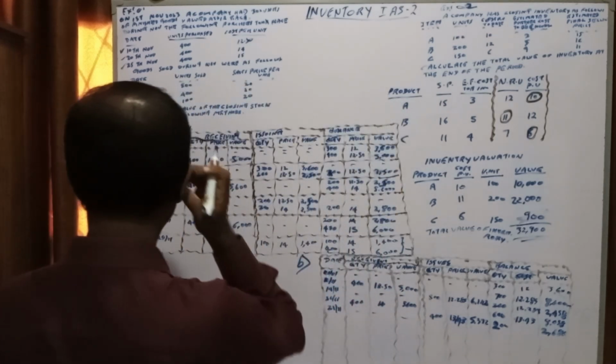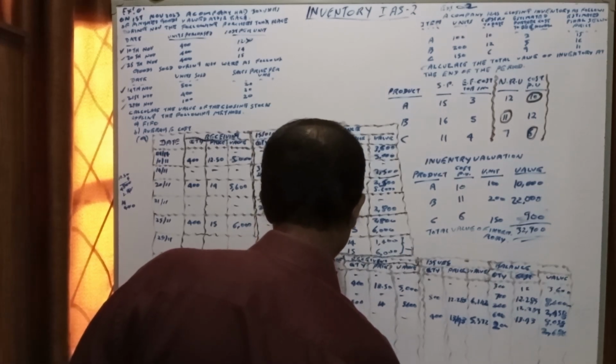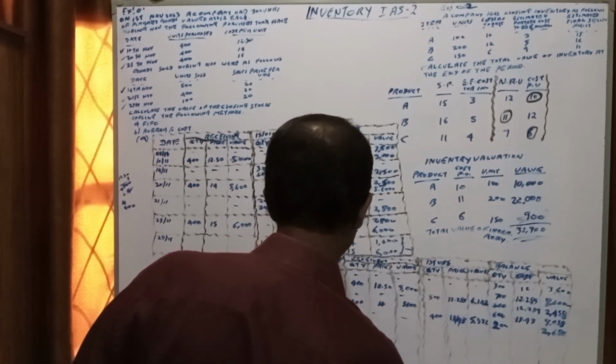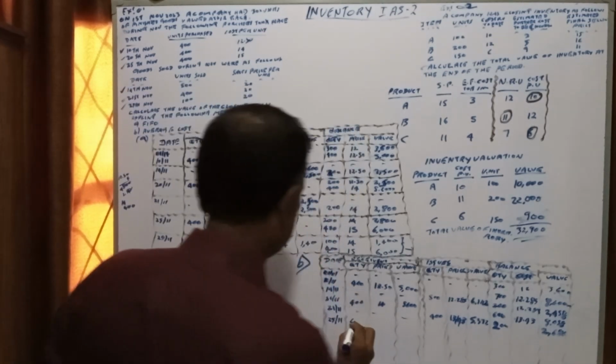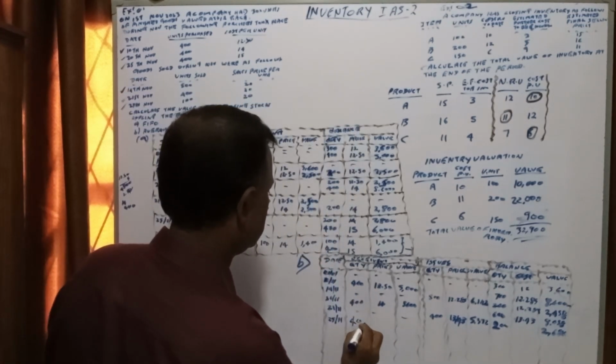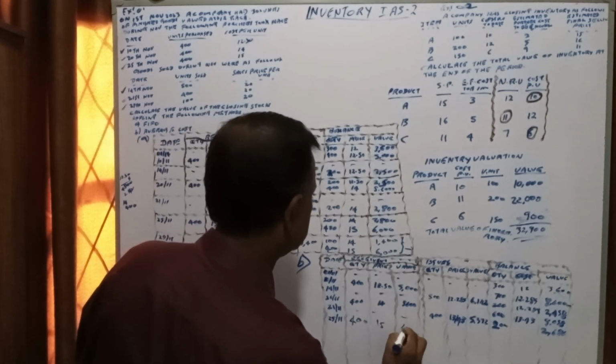Then next one, 25th of November. They are purchasing another 400 units into 15, that is 6,000.